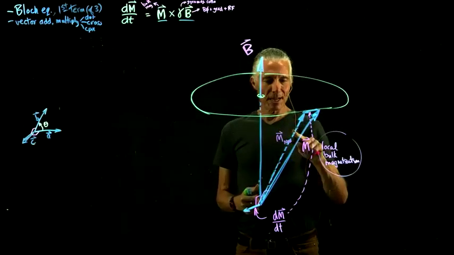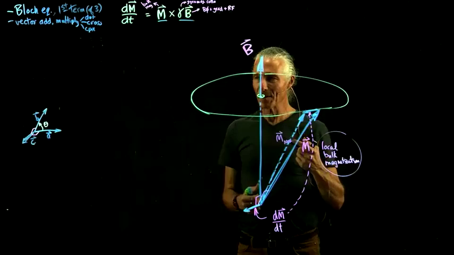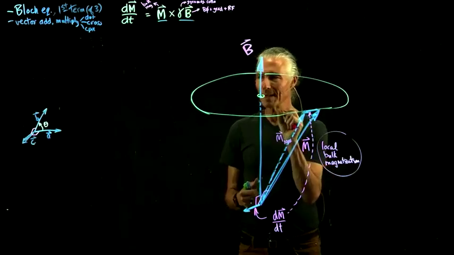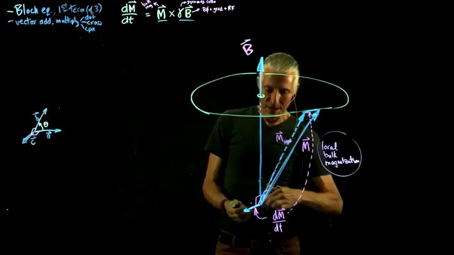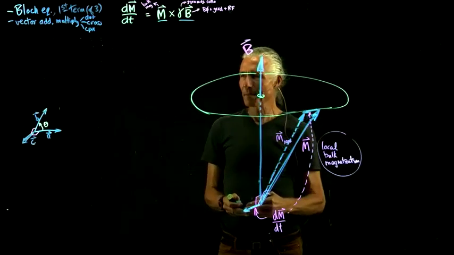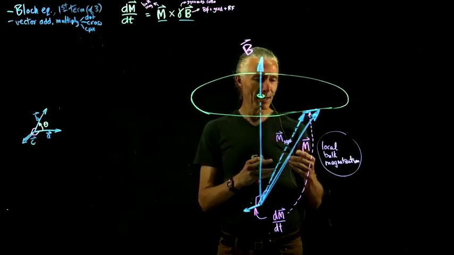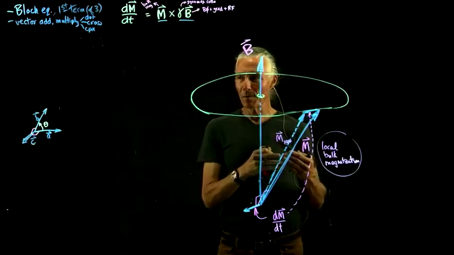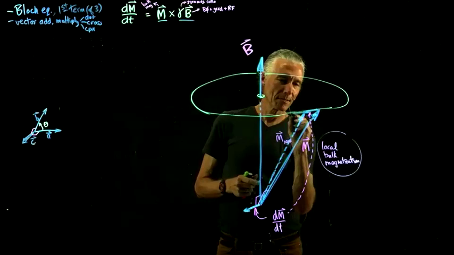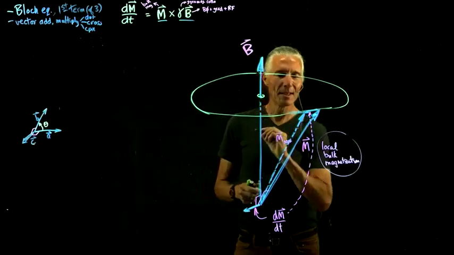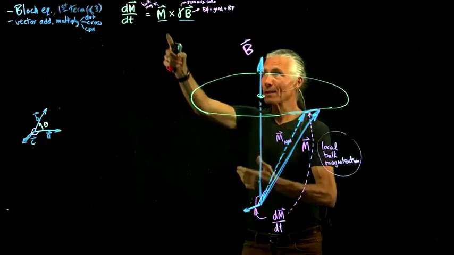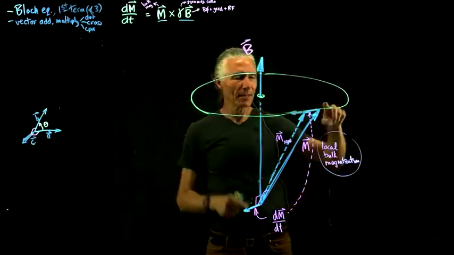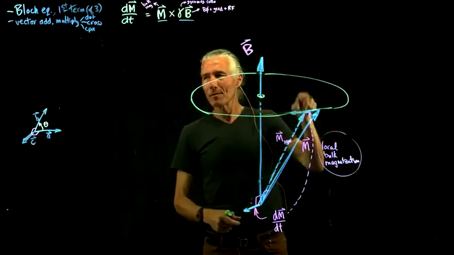So the next time you calculate the cross product for the next little bit of time, the cross product will rotate a little bit because the plane between B and M rotated a little bit. It won't rotate much, just a little bit. And so what's that going to do over time? If we solve this differential equation, what you end up with is it just goes around and around and around.